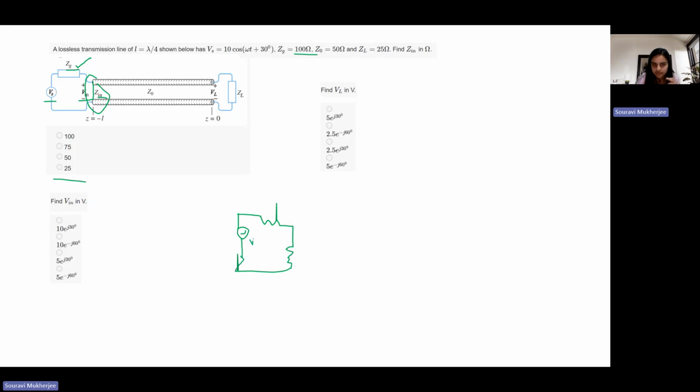Now this voltage gets divided between these two resistors R1 and R2. Based on the ratio of the two, you know how to divide the voltage, right? That will tell you how the amplitude will get divided.